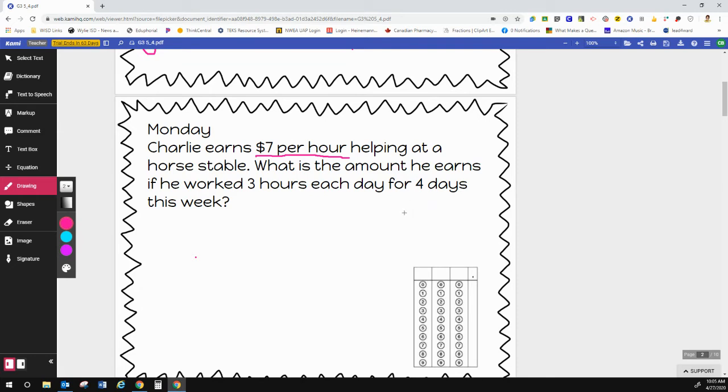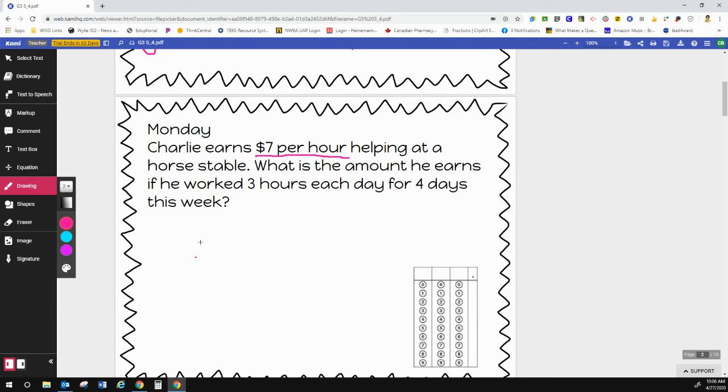So what is the amount he earns if he works 3 hours each day for 4 days this week? So thinking about, do I know my total or am I looking for my total? Right, I'm looking for my total. So I need to find how much money he's going to make. And I may need to do this in more than one step. So I want you to think about, what can I start with? What do I know?